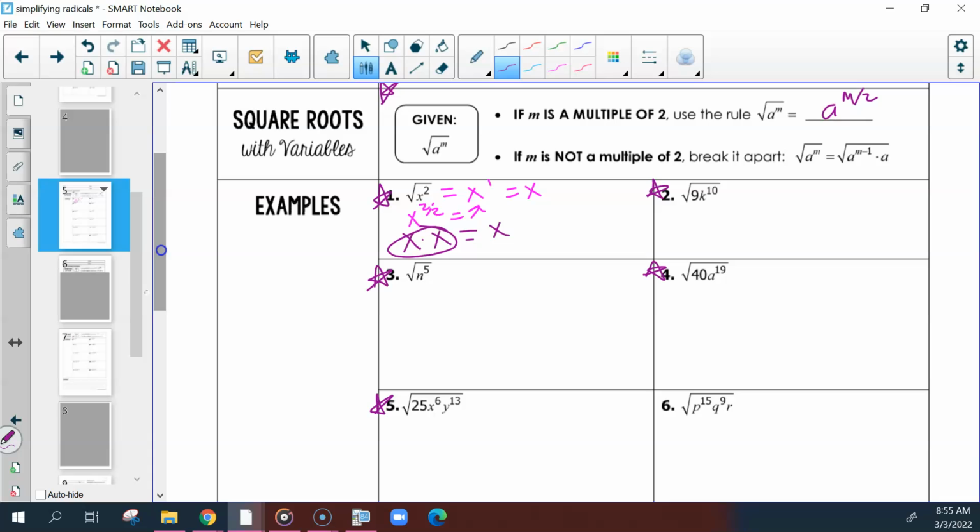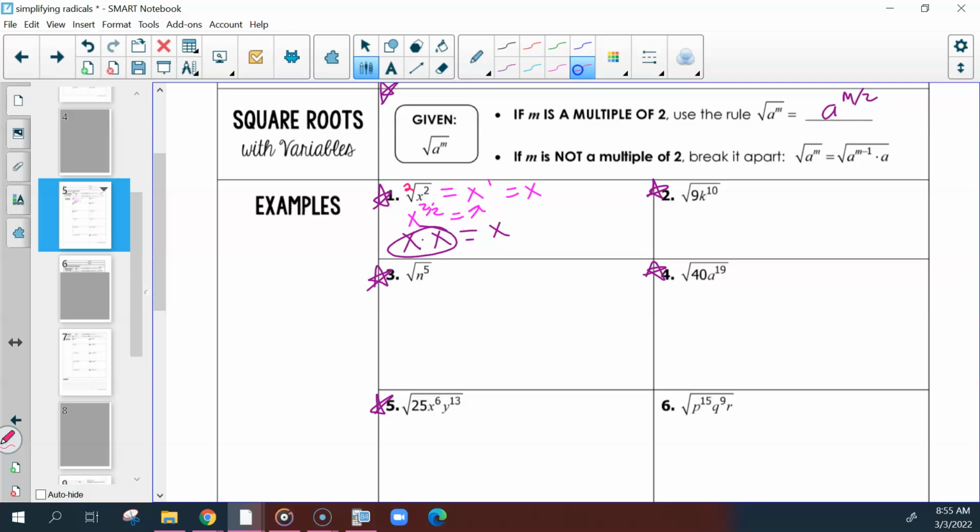The other way, the third way, which I personally like, is if I'm looking at this, imagine there's a 2 on the outside. I mean, there is one, an invisible 2, that index is 2.